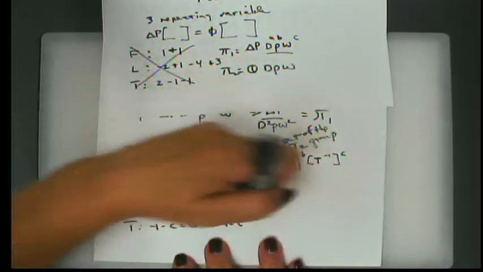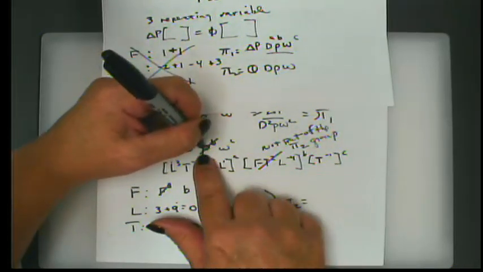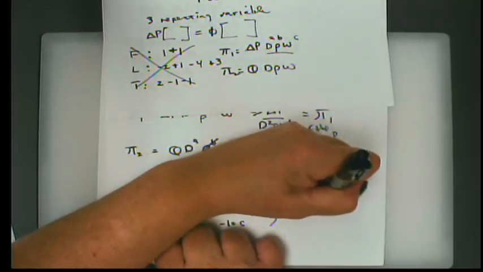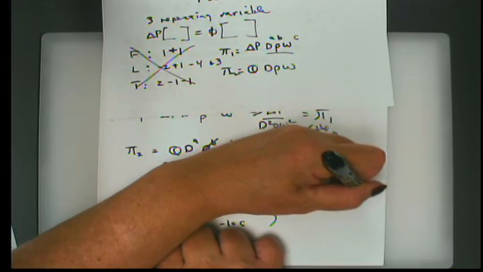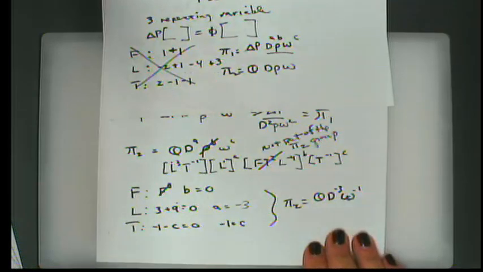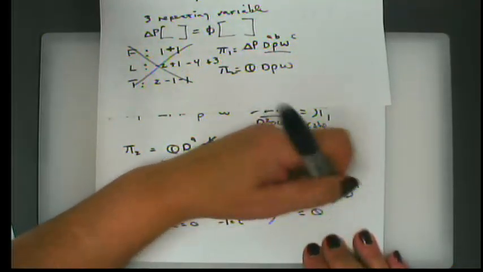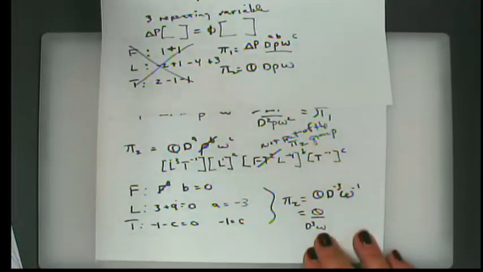All right, so if I form pi 2 then, I get, like I said, the density is irrelevant. So I get q, which I've sort of set at 1, times d to the negative 3, times omega to the minus 1. And to write it in better form, q over d to the third omega.